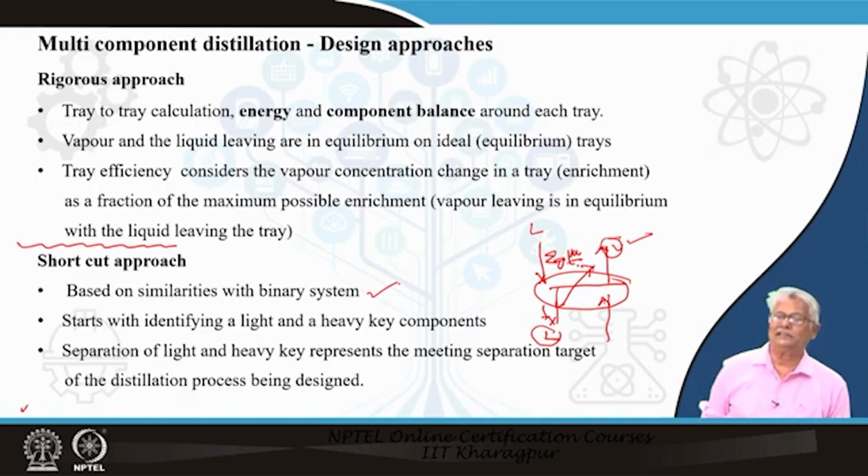So, the first step always will start with identifying the light and the heavy key components. Exactly what I have said, it is the separation of the light and heavy key that represents the separation target of the distillation process being designed.